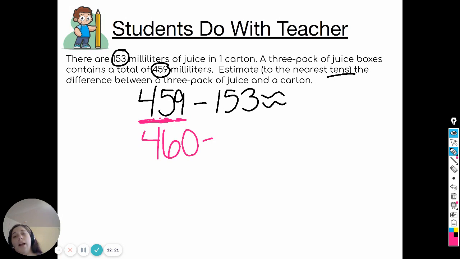Okay, now let's go ahead and do 153. There's a 5 in the tens place, but we're going to keep the hundreds and do 15 tens. So we're going to start at 15 tens, count by ones until we get to 153. 150, 151, 152, 153.